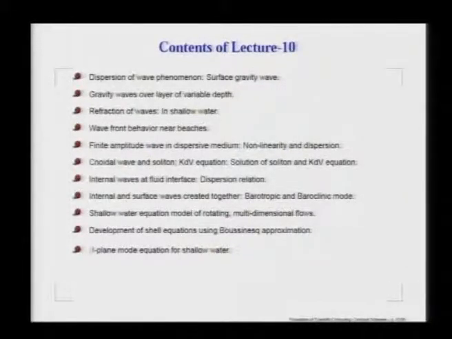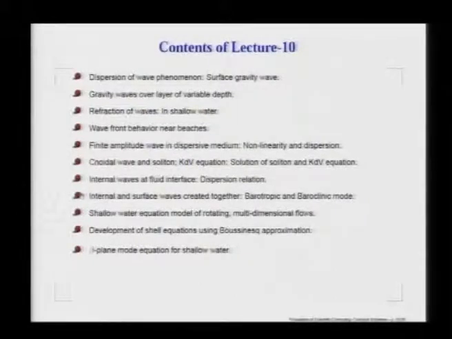We will also talk about complex wave systems where internal and surface waves can be formed together, and this is very important in the context of oceanography and atmospheric science, and we will see that the presence of this kind of waves on the surface as well as in the interior gives rise to two different modes, namely the barotropic and the baroclinic modes.